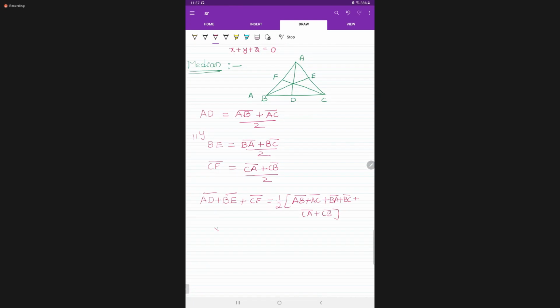That is, AD bar plus BE bar plus CF bar, from the triangle, this value is equal to 0. That is, the vector sum of medians of a triangle is 0, the zero vector.